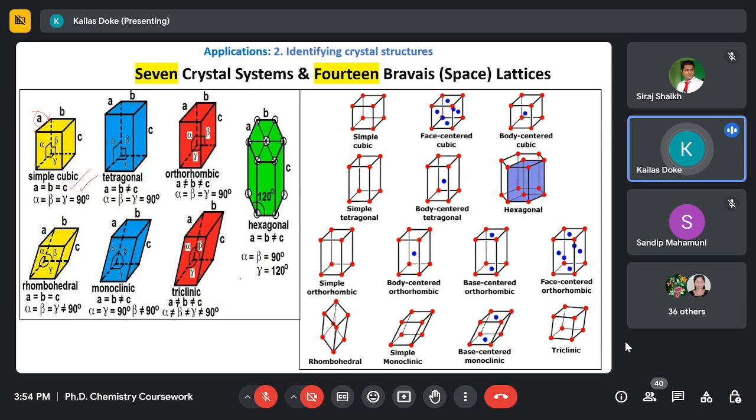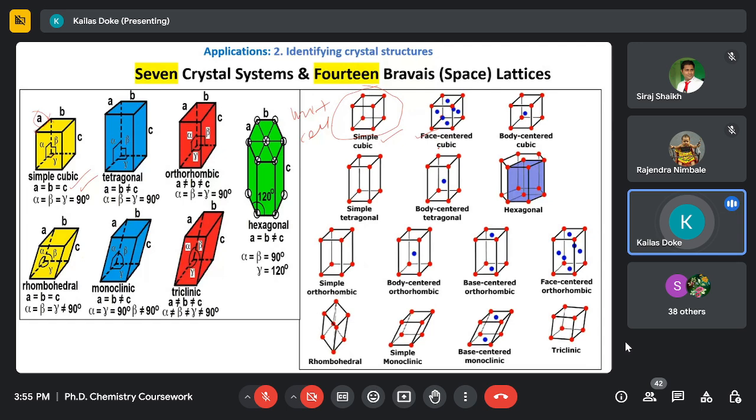Everyone aware? Along with the corners, if on each face a constituent atom is present, not wholly, partially, then such a lattice, to honor Bravais, is called a Bravais lattice, face-centered cubic. Likewise, the third type of cubic is called body-centered.